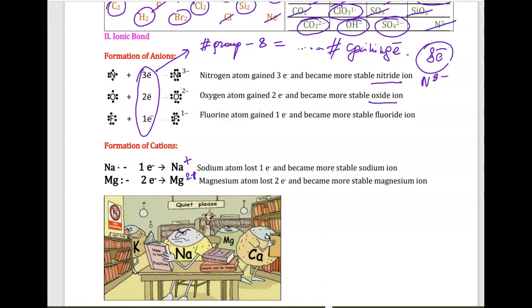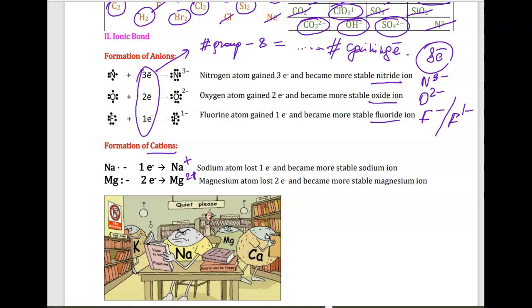For fluorine, the way to become more stable is to gain 1 electron, and it becomes the fluoride ion. So oxide is 2 negative, fluoride is negative. You can write fluoride negative or fluoride 1 negative. It's the same, no mistake here.